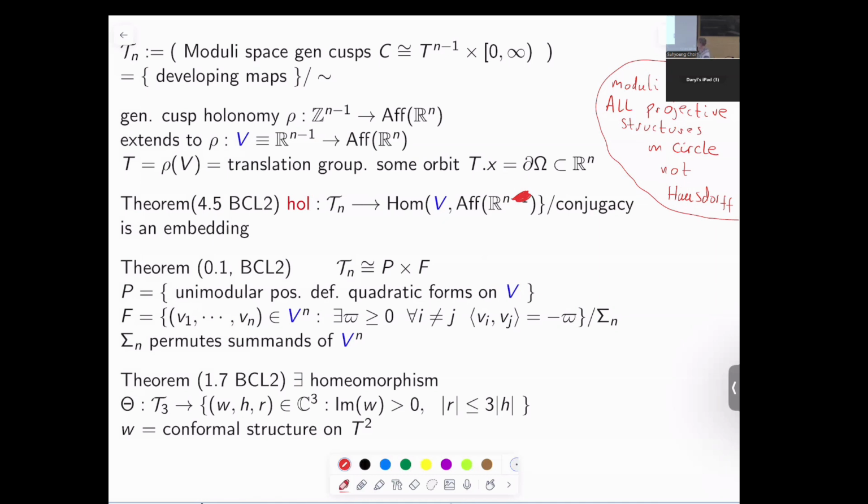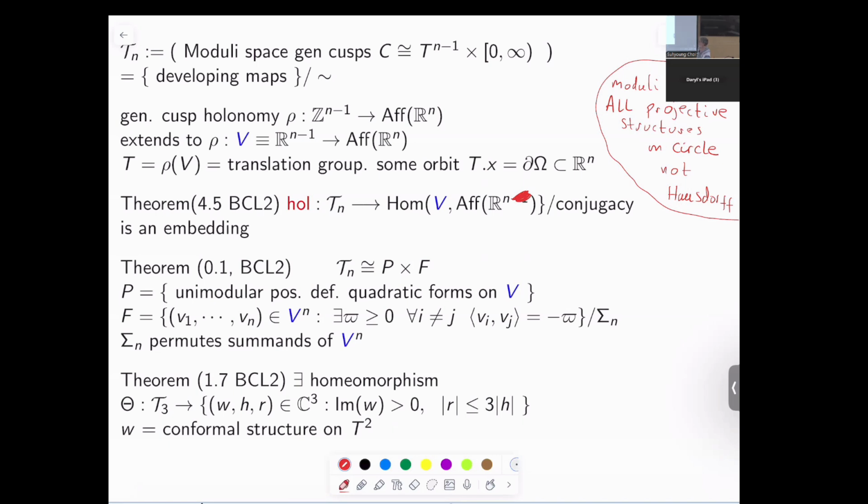Right. So the ordinary holonomy maps the fundamental group into here. You think of a fundamental group as a lattice. So the holonomy maps this group into upper triangular matrices with positive entries on the diagonal. Because of that, you can extend that homomorphism, since this is a subgroup of this. Does that make sense?